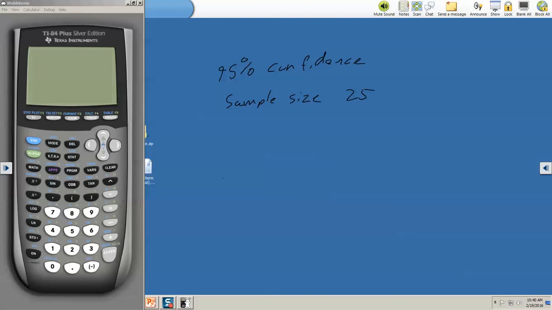So I want you to remember this picture. 95% confidence means 95 in the middle and then 2.5 on each side. Okay? And remember that we are looking for this point right there. This would be our mean right here. That's 0. We're looking for this point. Where is the right side of this interval at 95%?